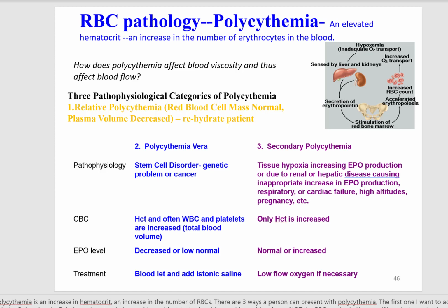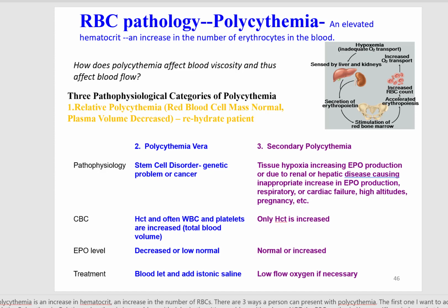If red blood cell count goes up, so would your blood viscosity. I'll remind you that blood is 5 times as viscous as water. We oftentimes say blood is thicker than water.